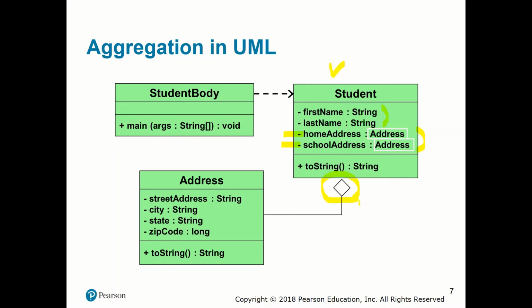Dependency, this shows dependency. Actually, aggregation is also another form of dependency. So this is an address class. And this is the driver class to use the student class. Driver classes usually have a main method. So now let's see the code.